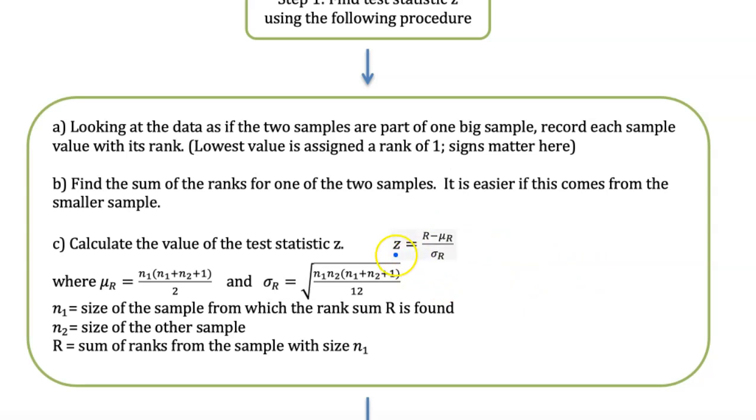Doesn't this look a whole lot like our formula for any regular z-test statistic, where we have the value minus the mean divided by standard deviation? So we're kind of doing the same thing here, but with ranks. And so let's first calculate the mean of ranks using this formula.